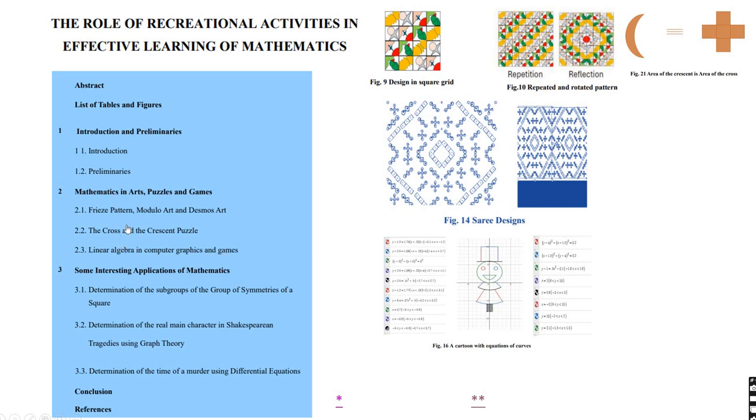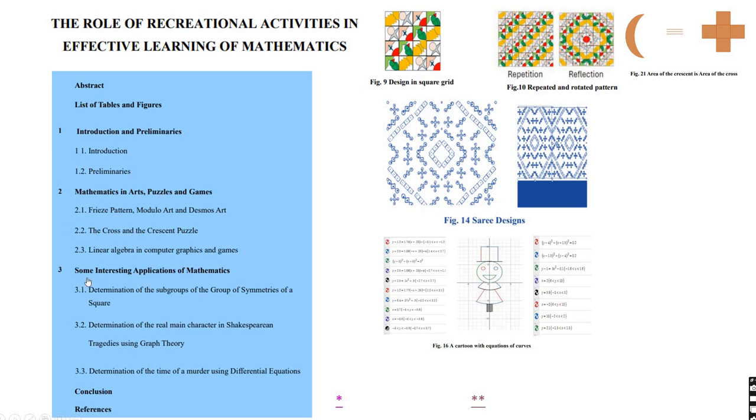So all this is given as a sample, but you can even just concentrate on arts alone, discuss in depth wallpaper groups, and then frieze patterns. So that can be discussed. It's up to you, it depends on your interest.